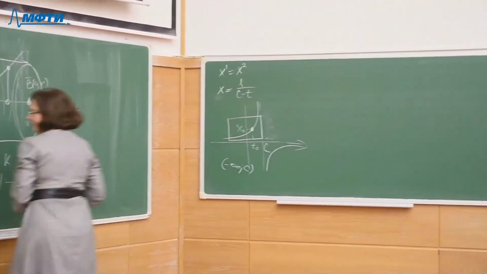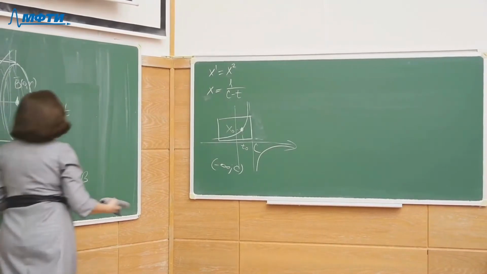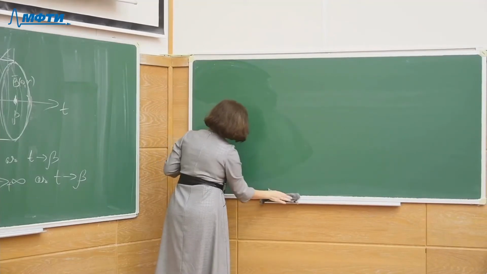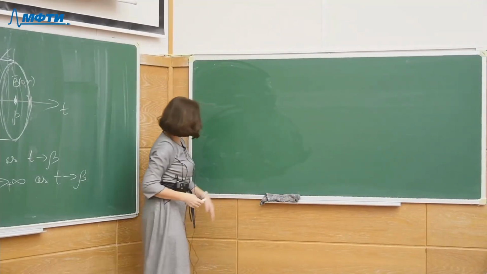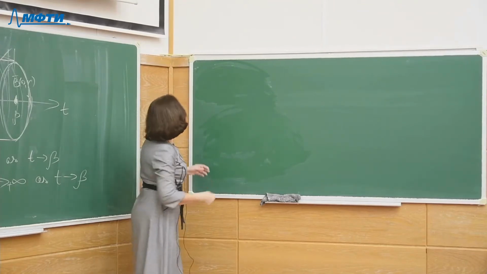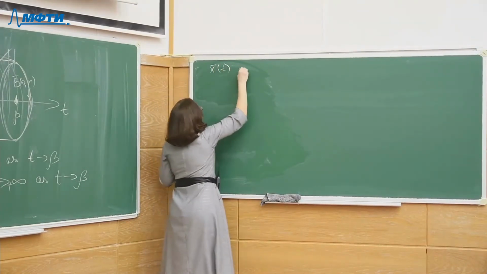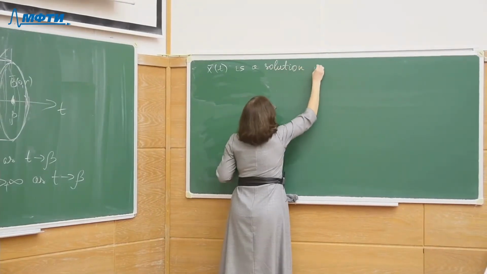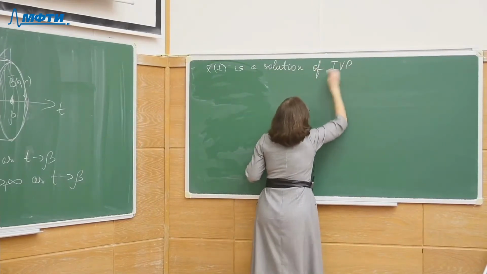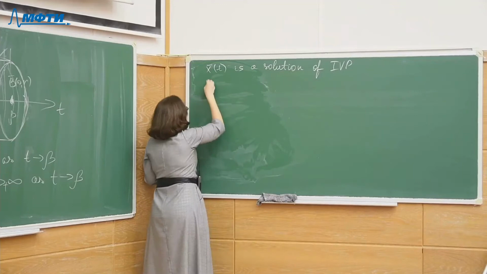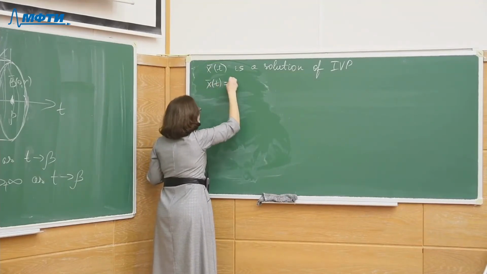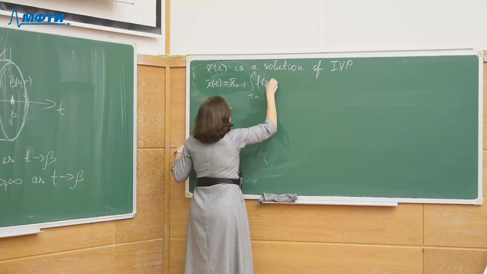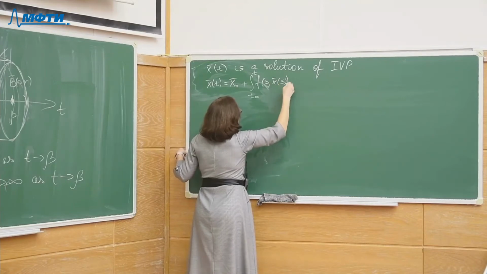I need space, so I will use this space. So we know that x of t is a solution of the initial value problem if and only if x of t can be represented as x0 plus the integral from t0 to t of f of s, x of s ds.